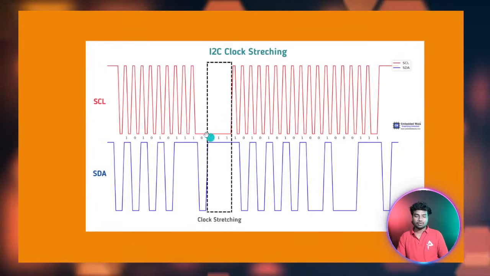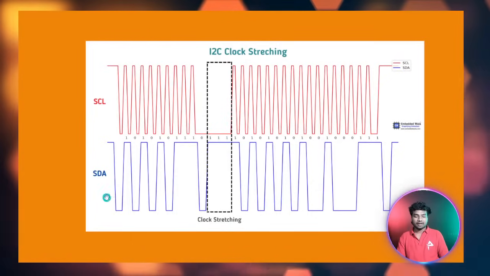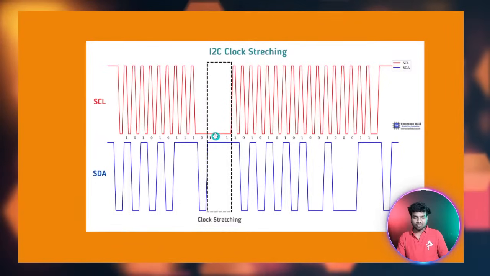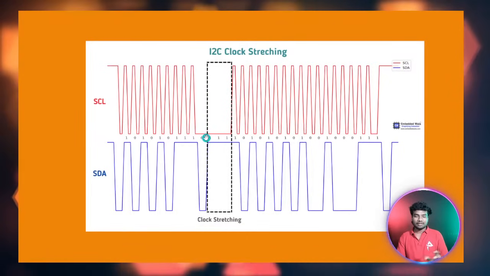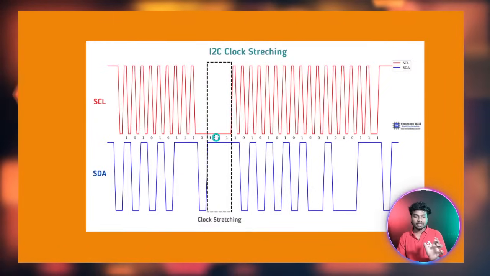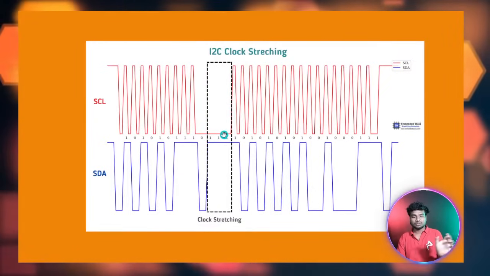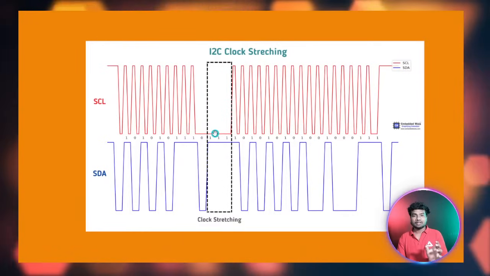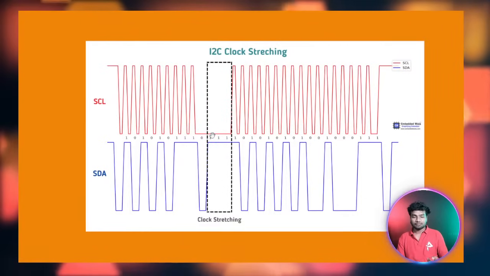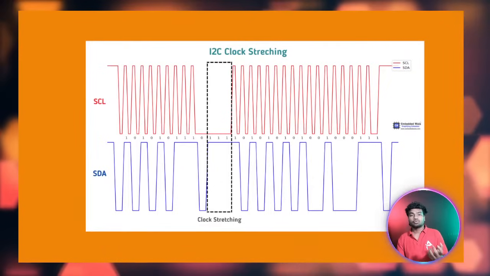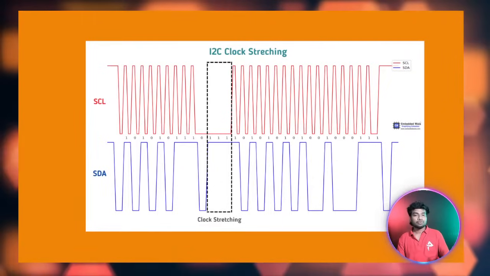Okay, so you can see here there is a clock line and a data line. On SCL you can see there is a little bit of time of active low. Low means 0. Pulling the SCL line down to 0 means the slave needs some time to process the data which was received previously.